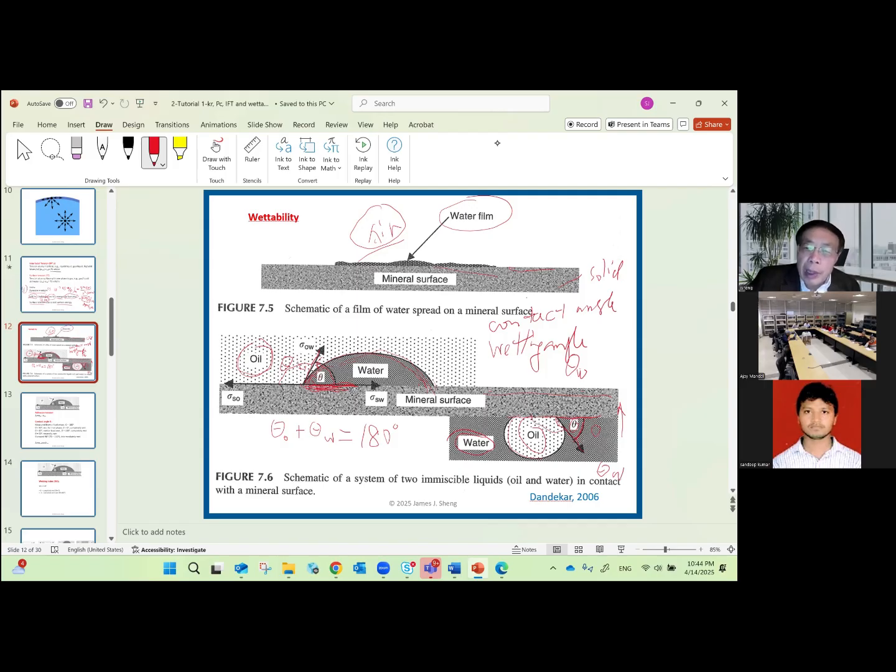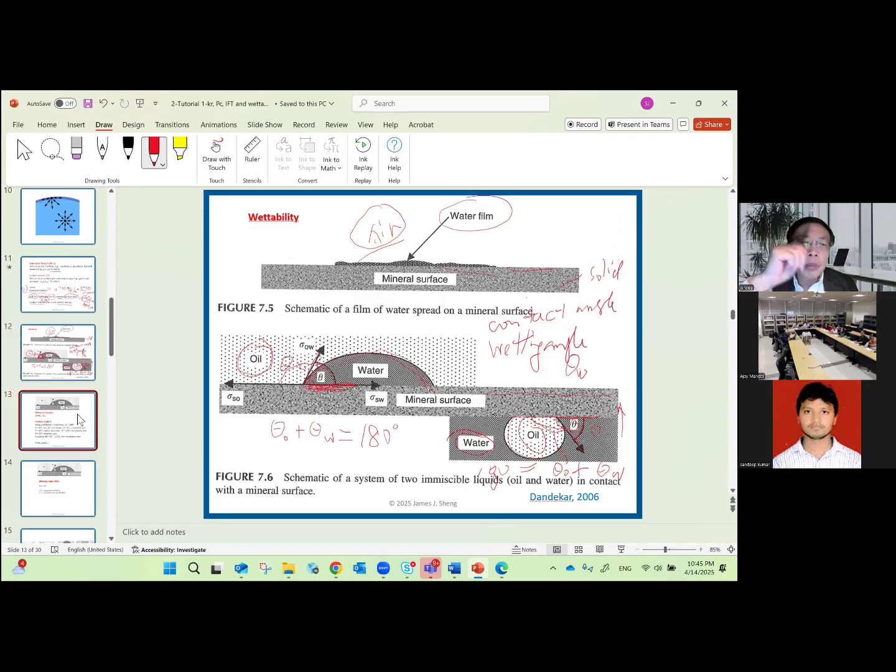Similarly, this side is the contact angle with oil. Added together they should equal 180, right? So how do we define the wettability? We use the contact angle to define it.